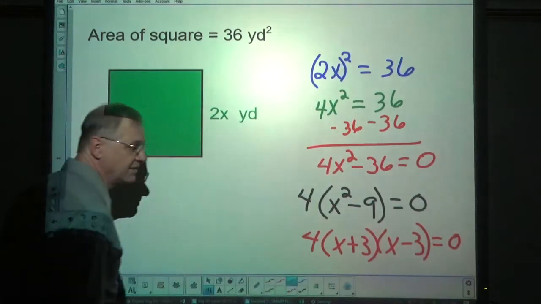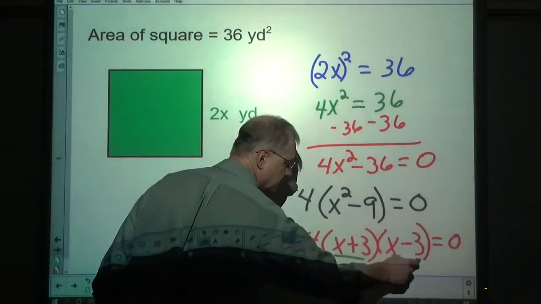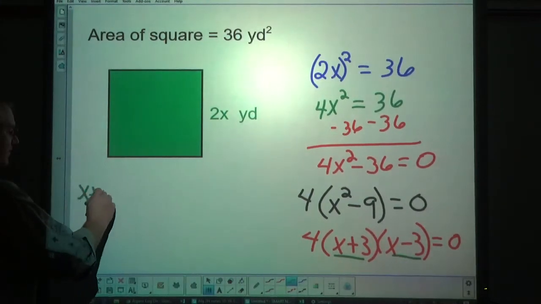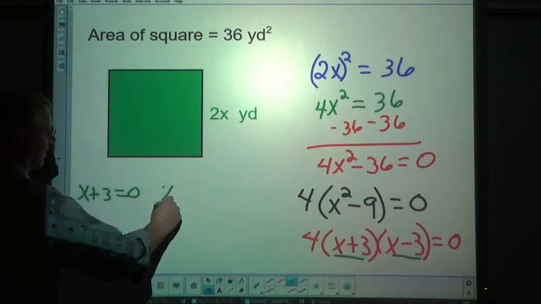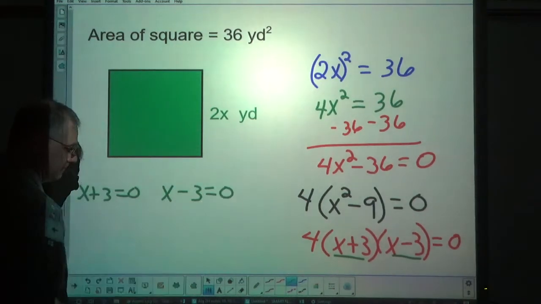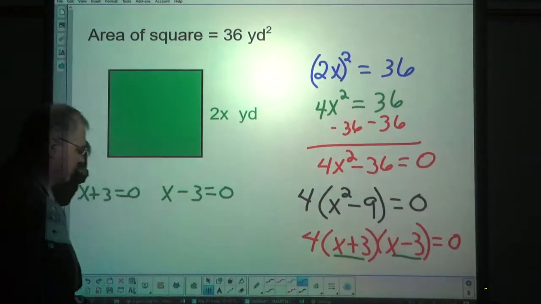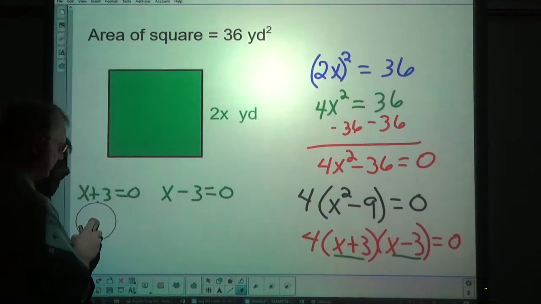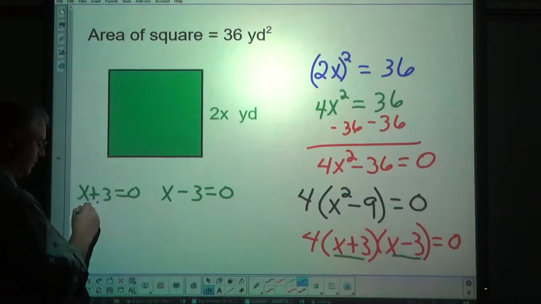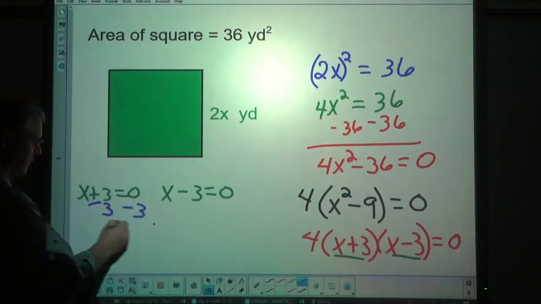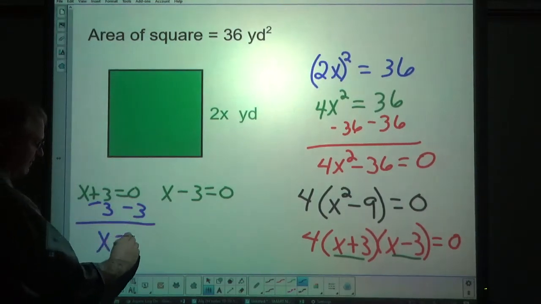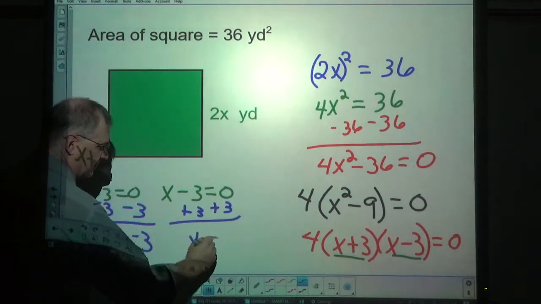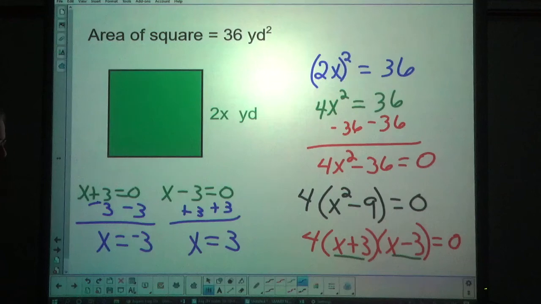So I can take each of these terms, or factors, and set them equal to 0. X plus 3 equals 0. X minus 3 equals 0. And let's solve. Oops, that's for the other one. x is negative 3, x is positive 3.